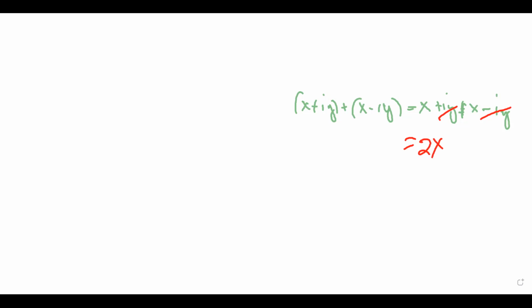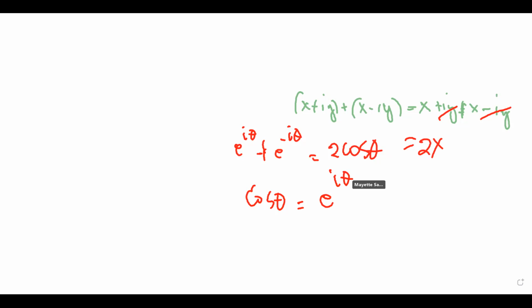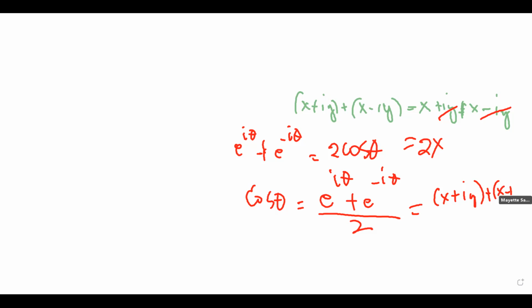That's also the same with this one here, that if we have e^(i theta) plus e^(-i theta), this just equals 2 cosine theta. Or cosine theta is equal to e^(i theta) plus e^(-i theta) over 2, which is also the same as x plus iy plus x minus iy over 2.